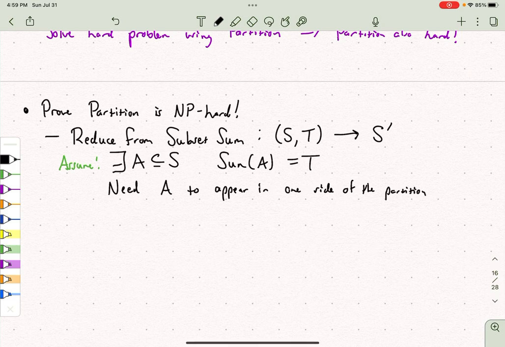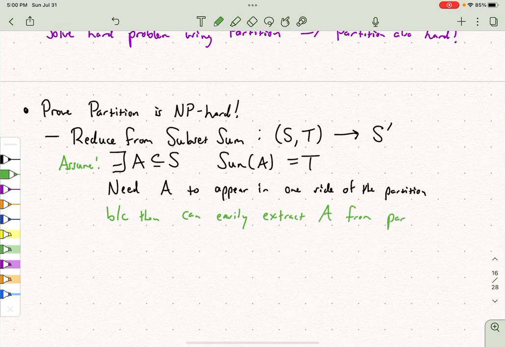And why do we want that? Well, because if A appears in one side of the partition, we can easily extract A from that to find the solution from subset sum. Because then we can easily extract A from the partition to get the solution to subset sum.